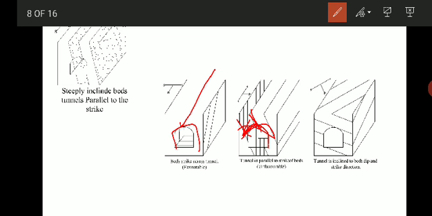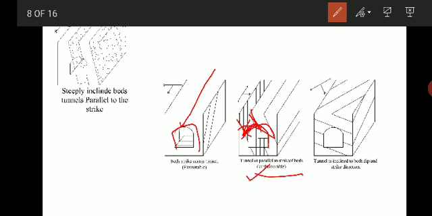One half will have the bedding plane opening into the tunnel and thus it is a potential threat for sliding of the rocks. So the bridge action also gets weakened because of this reason. So this is not safe, that is unfavorable.